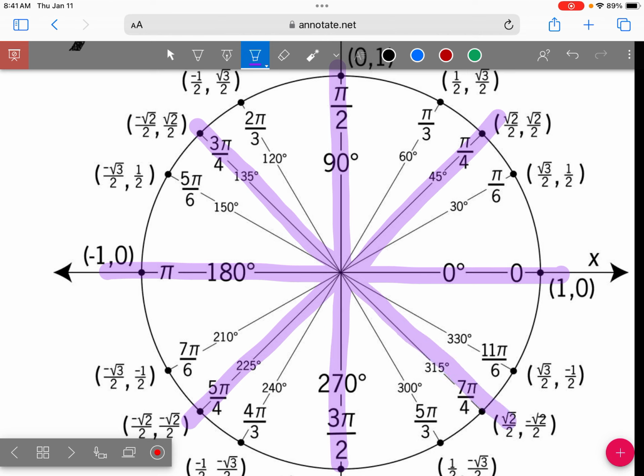Only focusing on the 45s, notice that I go 0, 1/4, 2/4, which is the same as 1/2, 3/4, 4/4, which is the same as 1, 5/4, 6/4, which is 3/2, 7/4, and then back to 8/4.